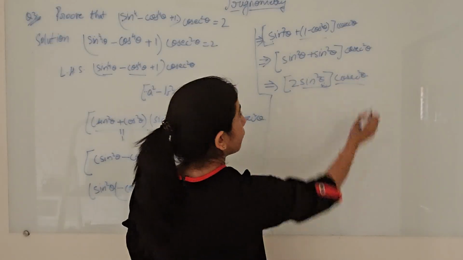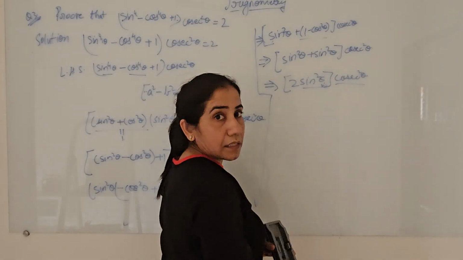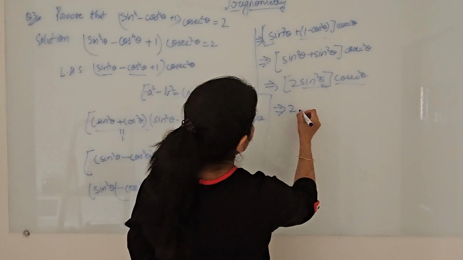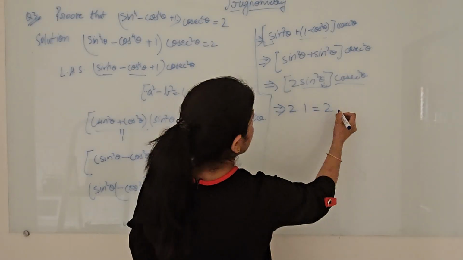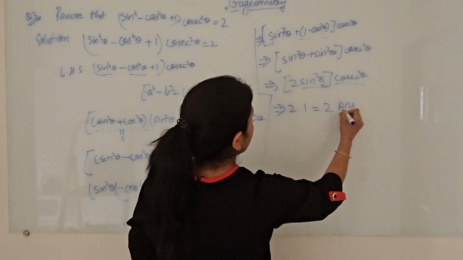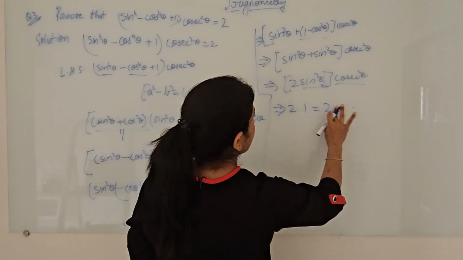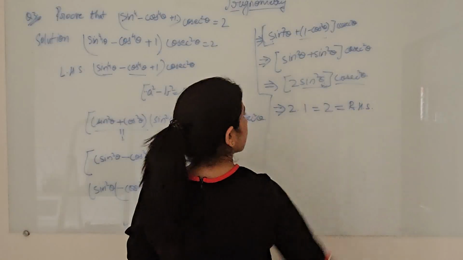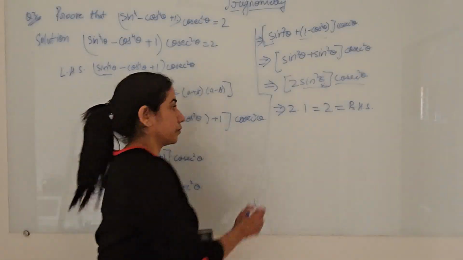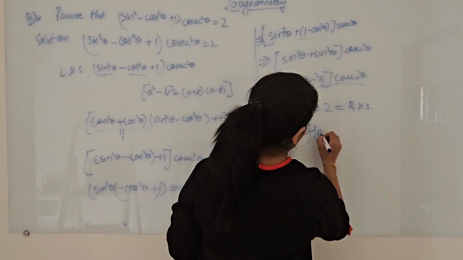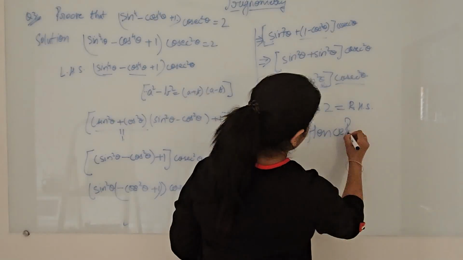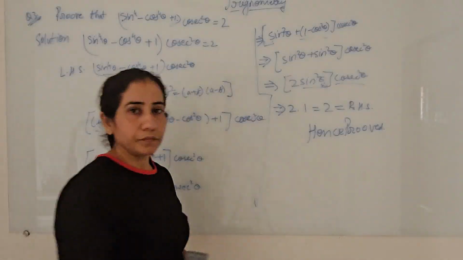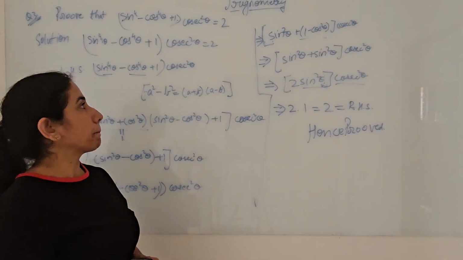Now sin theta into cosec theta is equal to 1. So similarly, what I will be getting is 2 into 1, that is equal to 2, and that is my answer. I'll write it is equal to RHS. Hence proved. Okay. Understood?